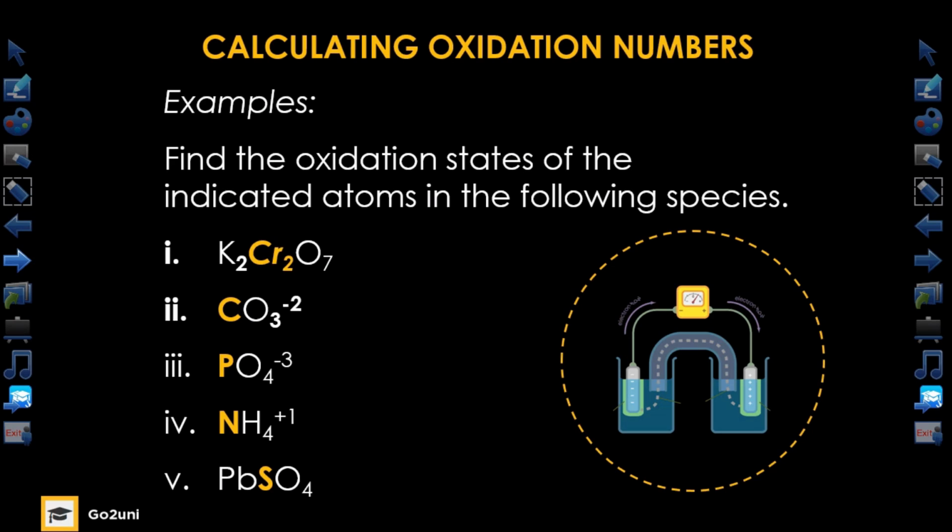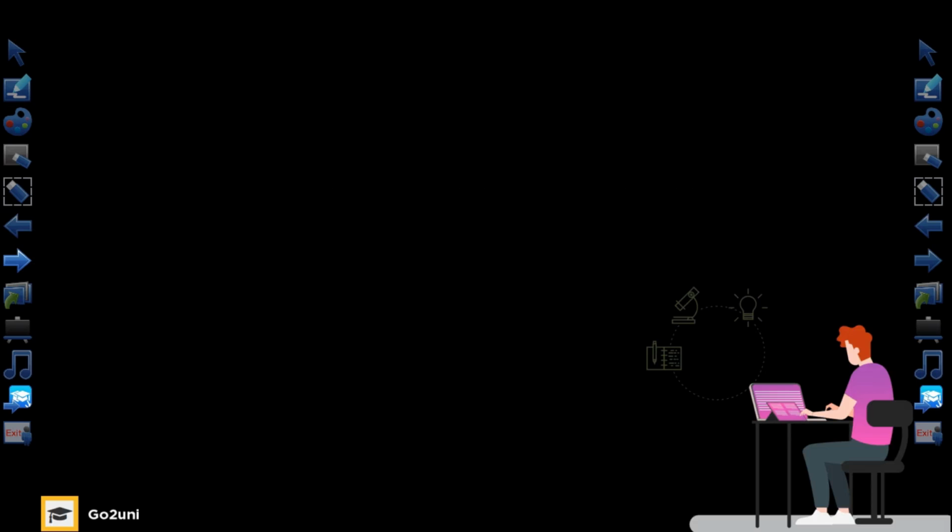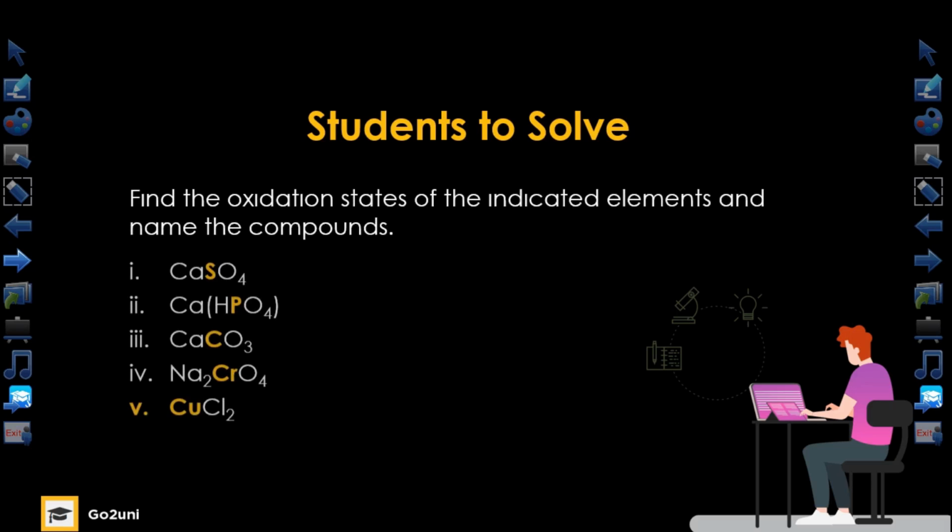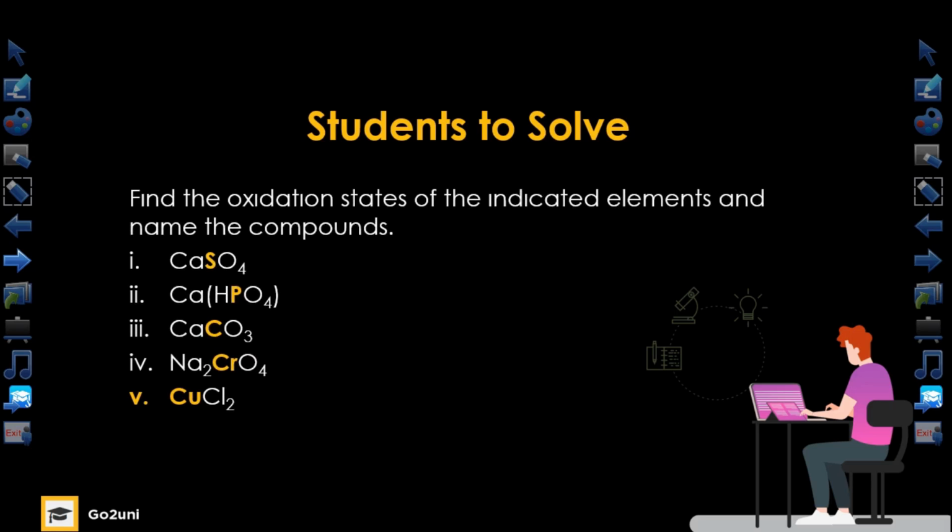With that, I want to believe we are very clear about calculations involving oxidation numbers, and we can calculate the oxidation state or number of any given element. So I leave you there, students, with this. This is your STS, students to solve. Go ahead and solve the following questions.